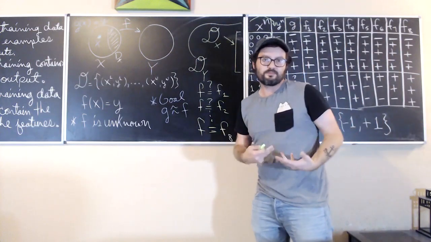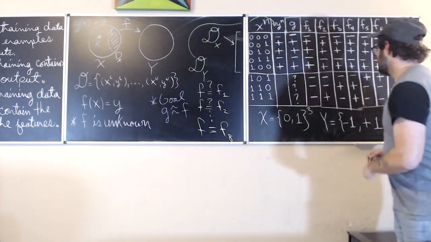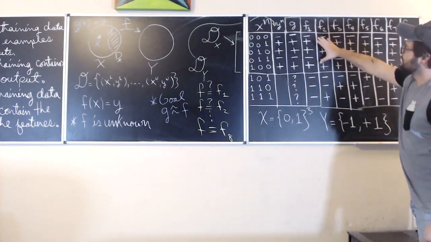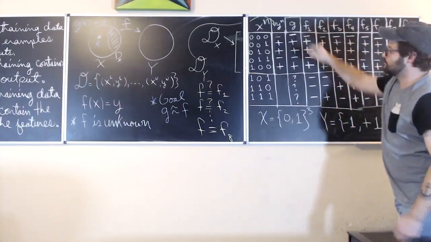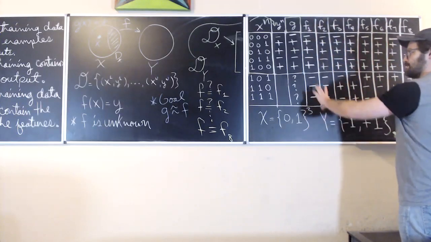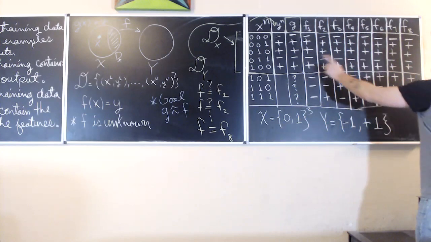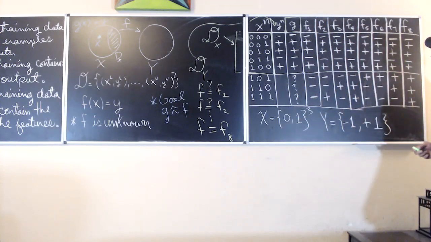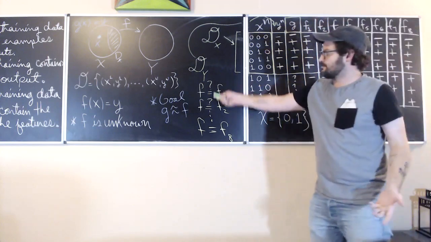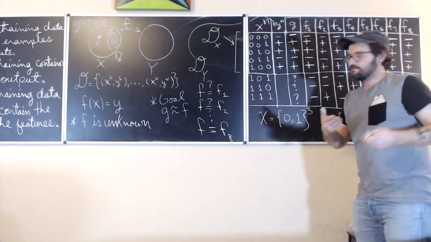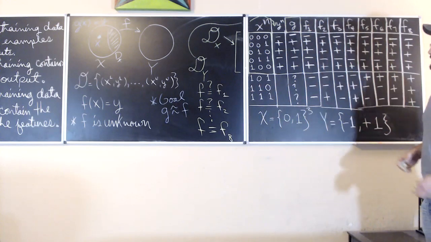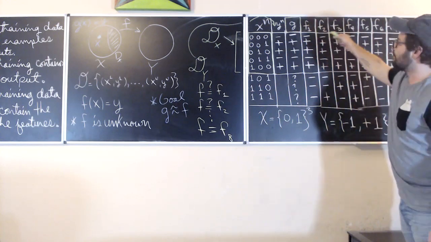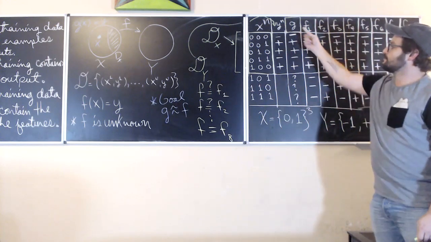That's our hope. But notice that all these functions match up with G, but outside of the data set that we own, they all differ. So which one is it? If we really don't know what the target function is, any one of these should be G.